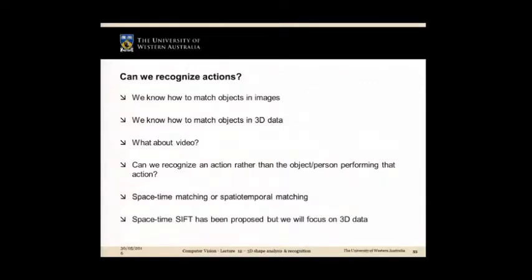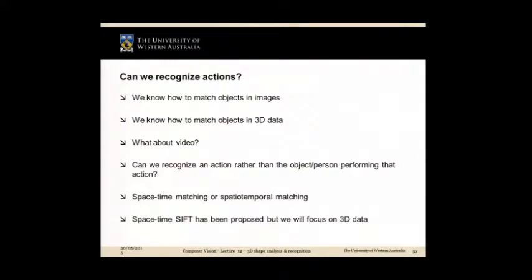Instead of recognizing a person in a scene, can you recognize the action of that person? If someone is waving, you say it's waving. Someone is punching, you say it's punching. If someone is running, you say it's running. Yes, that's possible. Action recognition is also getting a lot of popularity these days. People are working in that area.